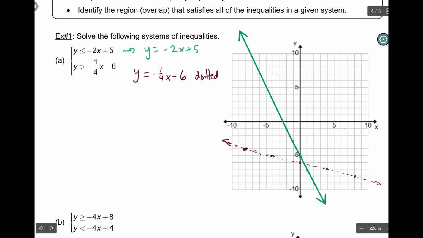So for my first one, I'm going to pick 0, 0 because that clearly is not on the line. Is 0 less than or equal to negative 2 times 0 plus 5? 0 times negative 2 is 0, so is 0 less than or equal to 0 plus 5? Is 0 less than 5? Yeah, it is. So for the top one, I'm going to shade this direction because this is going to be part of my solution.